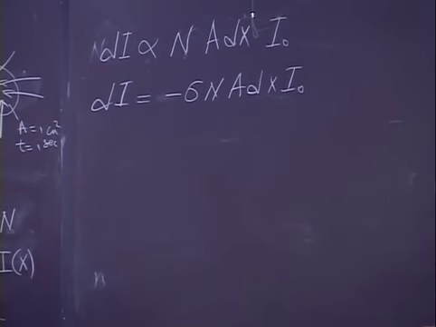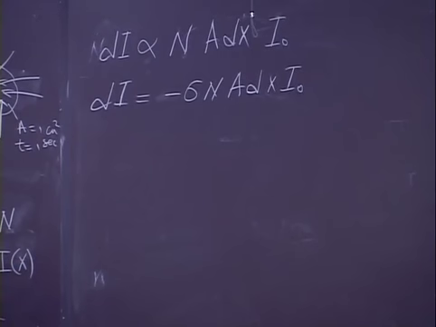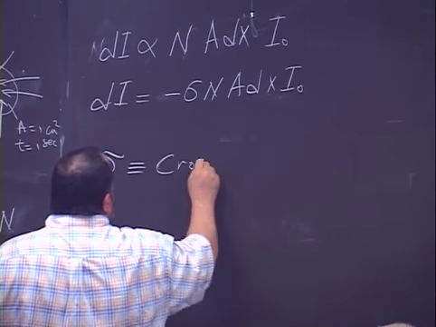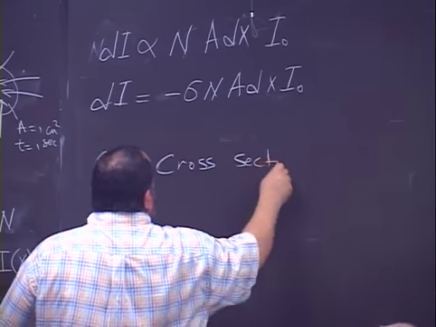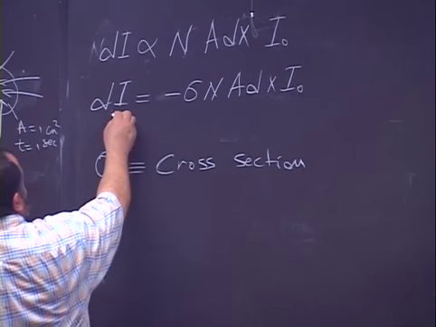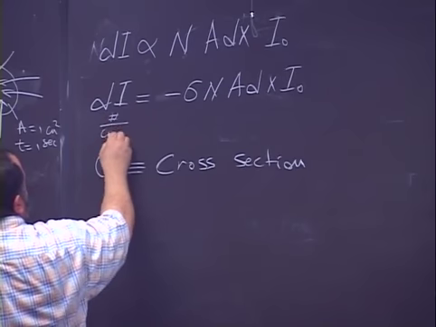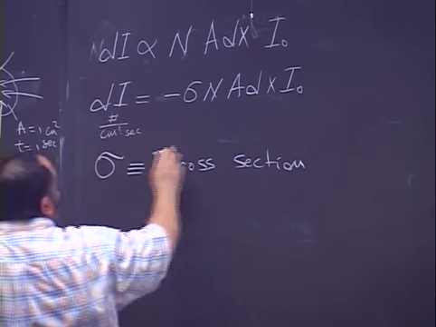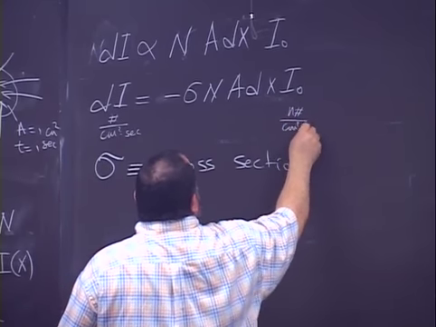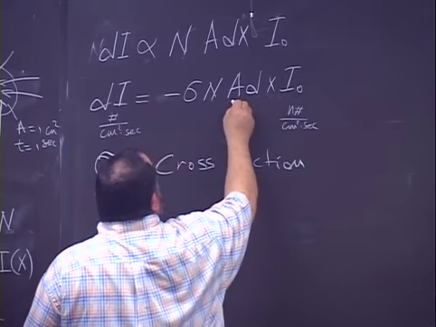And sigma here is what we call the cross section. Why is it called cross section? Because if you look at the units of sigma, you will notice that the units are in centimeter square. So this is number per centimeter square per second, and this is number per centimeter square per second, and this multiplied by this is a volume.